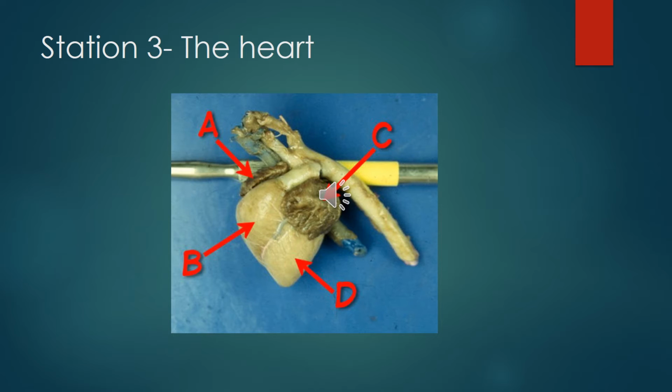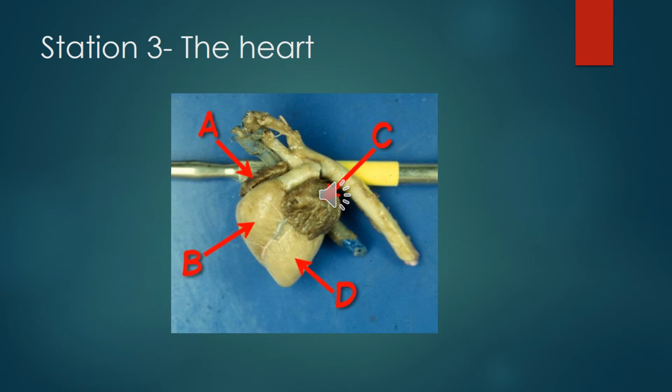B is the right ventricle. C would be the left atrium, and D would be the left ventricle. So once again, A is the right atrium, B is the right ventricle, C is the left atrium, and D would be the left ventricle. Okay, so hopefully you got a clean cut heart like the one here.